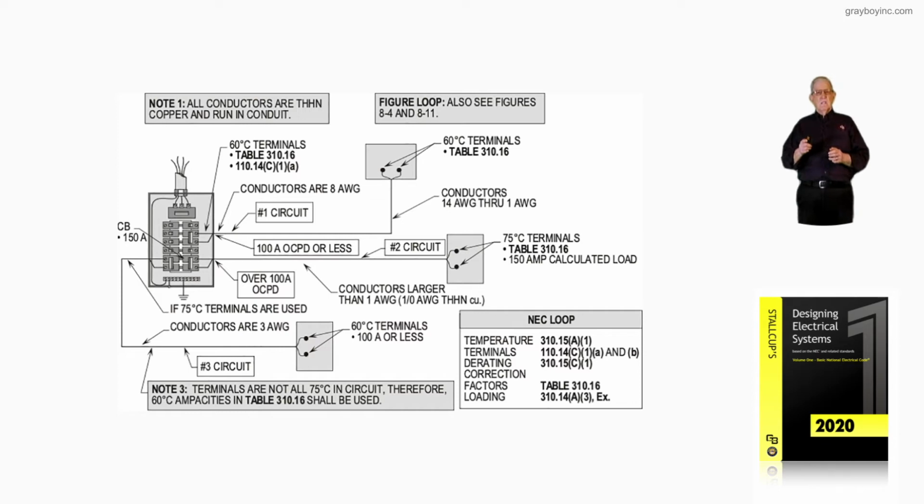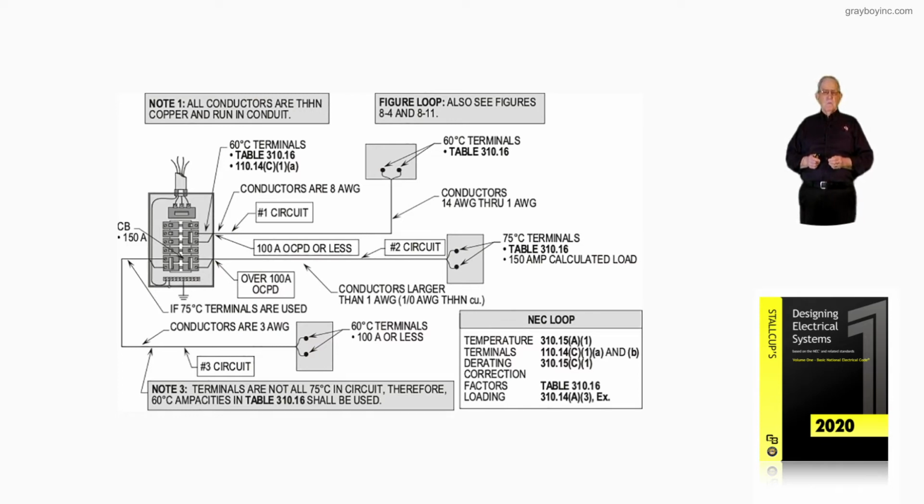B, the terminations and overcurrent devices are over 100 amps. The rating now for adjustment factors is 310.15(C)(1). For correction factors, we would move over to 310.15(B)(1). So we get these rules there.